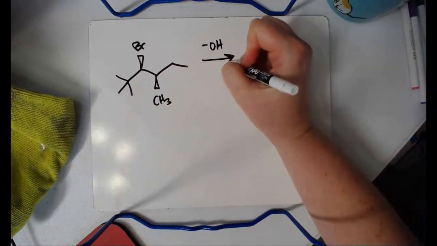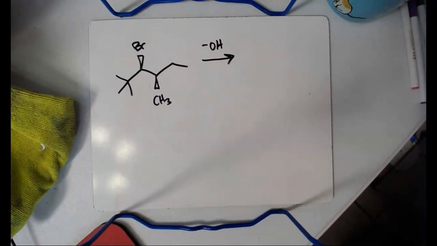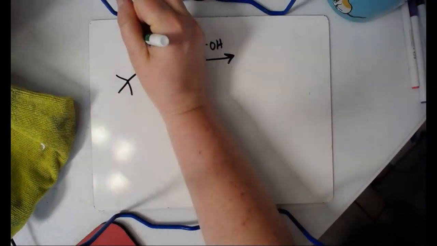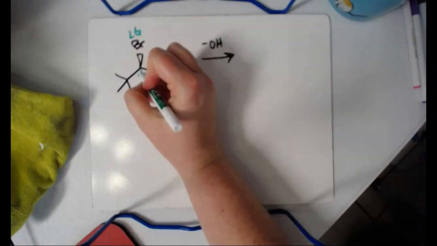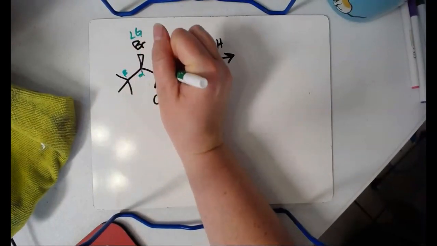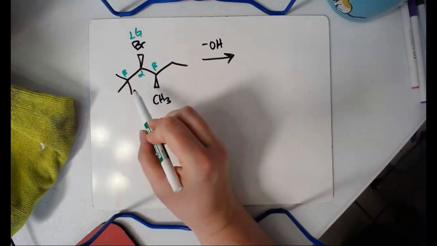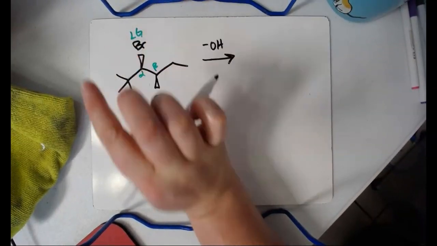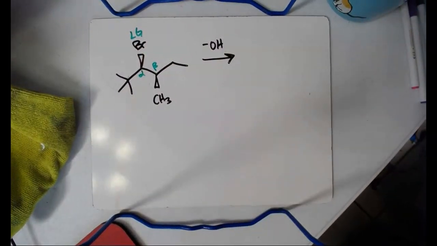We're reacting it with our hydroxide, so a small base. So we know this is our leaving group, which means that's our alpha carbon. We have a beta carbon here and a beta carbon here. The beta carbon on the left doesn't have any hydrogen, so I'm even going to erase it. We don't even need to concern ourselves with it.